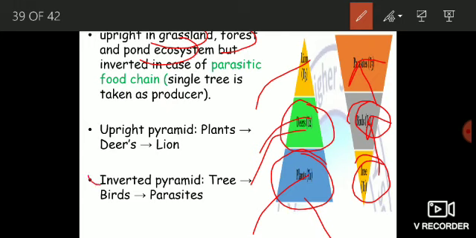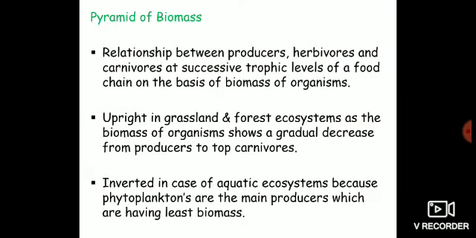This is the inverted pyramid of number. Inverted pyramid of number is found in those conditions where you have a single tree as the producer, and the tree holds a lot of birds, and these birds contain thousands of parasites.